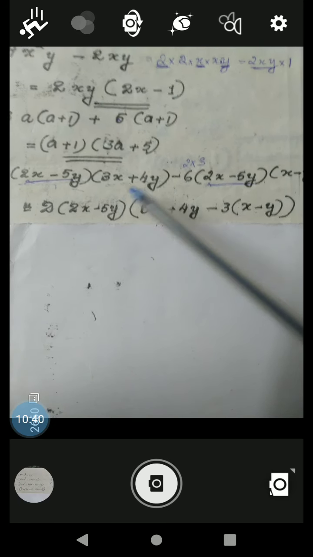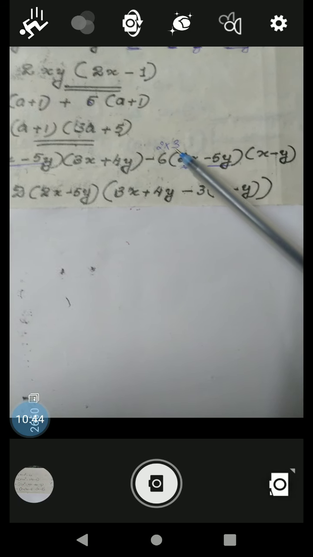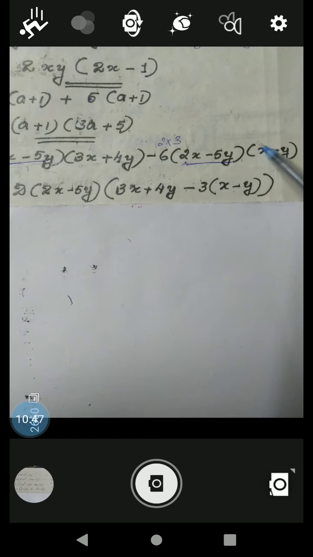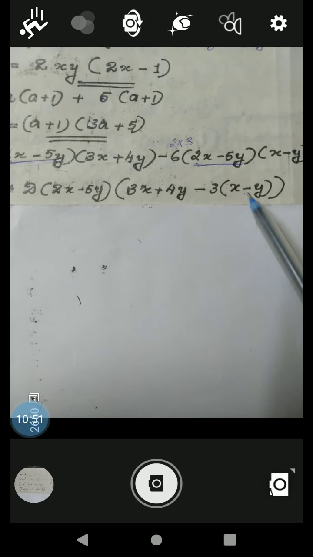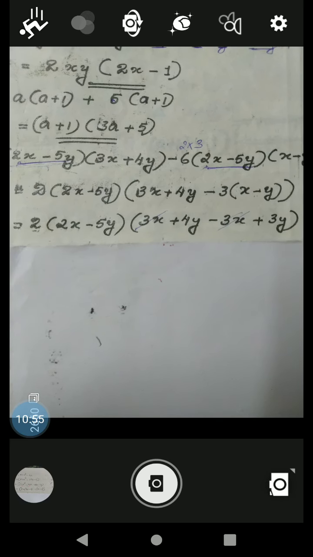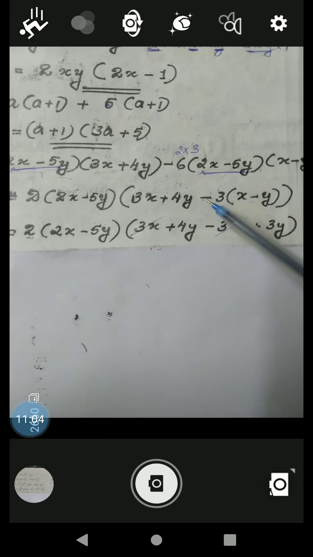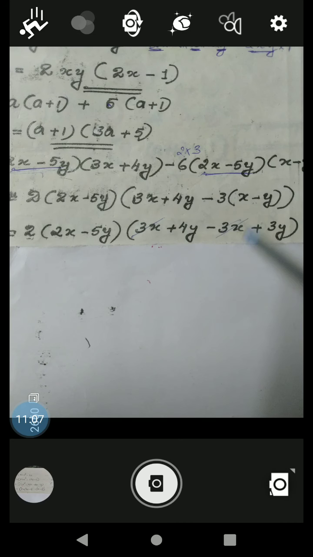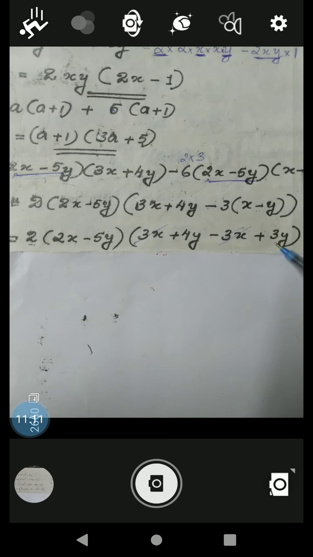Inside the bracket, (3x plus 4y) minus 3 into (x minus y). Now you can simplify this bracket. Look, 2 into (2x minus 5y) into (3x plus 4y minus 3x, then minus 3 into minus y, that is plus 3y).